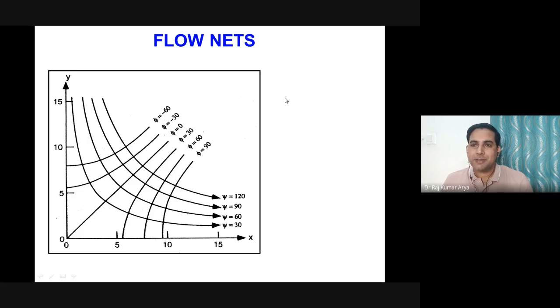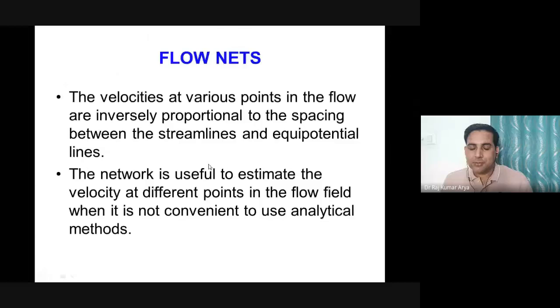Can anyone hear me, or nobody can hear? So wherever the streamlines are far away, you have to decrease the velocity in order to compensate your flow rate. Wherever they are close, the velocity is high.